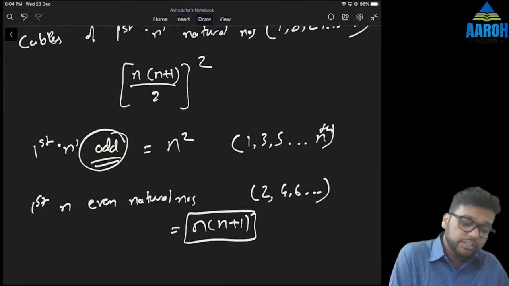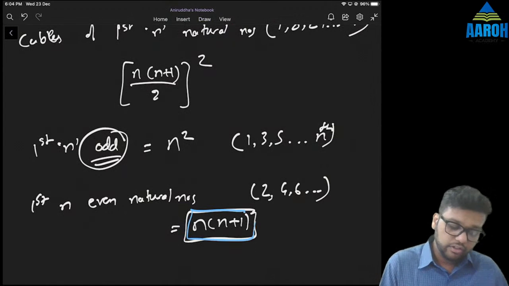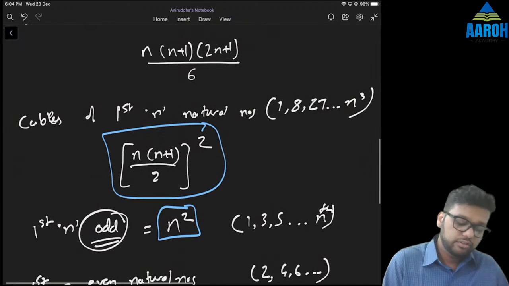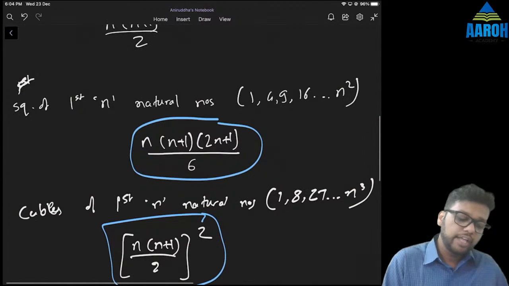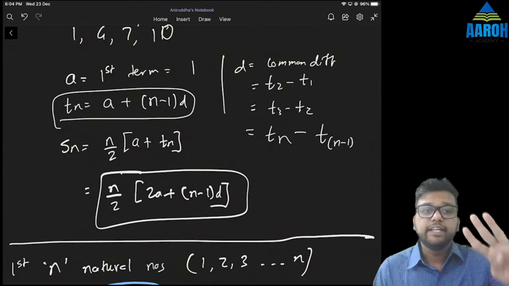These are the basic formulas that you must know before starting with AP: even numbers, odd numbers, cubes, squares, natural numbers, and A, D, Tn and Sn.